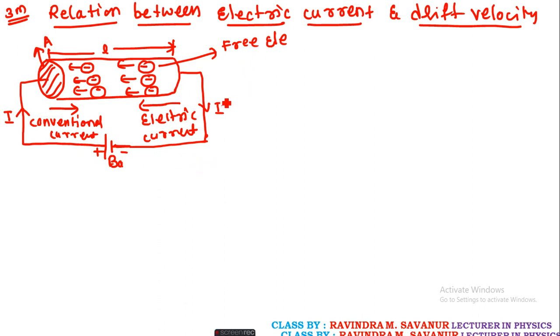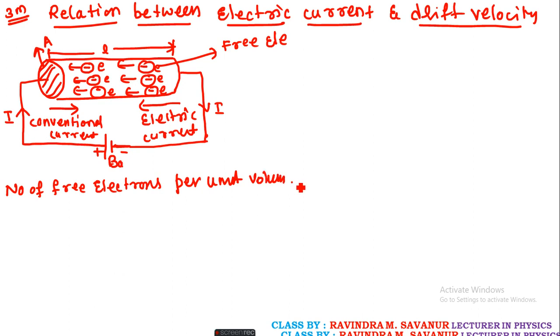Okay. Now let us do the derivation. This conductor, as I already told you, contains free electrons. Because the conductor has a volume, let the number of free electrons per unit volume be n.